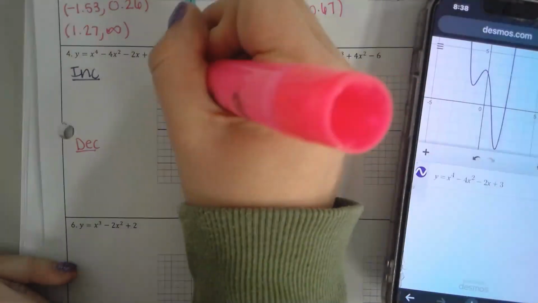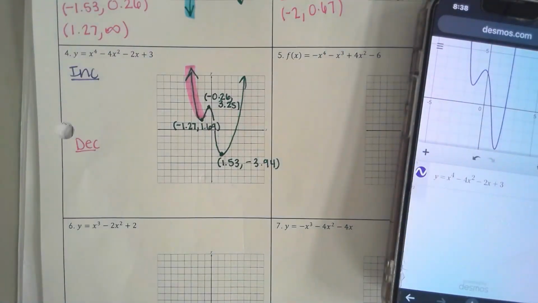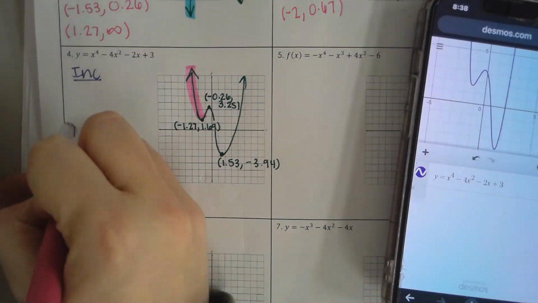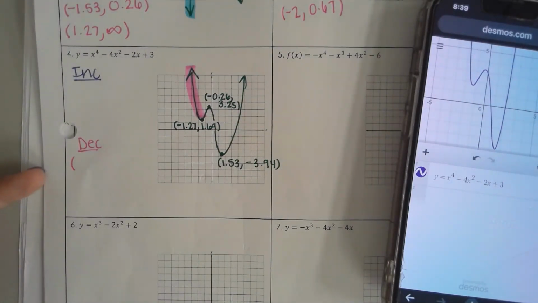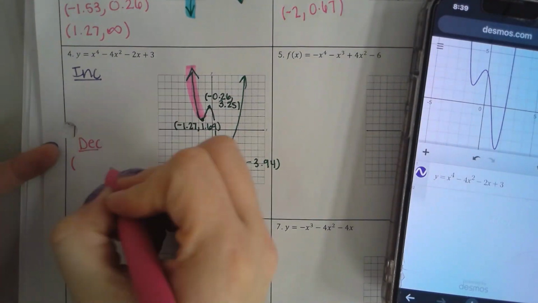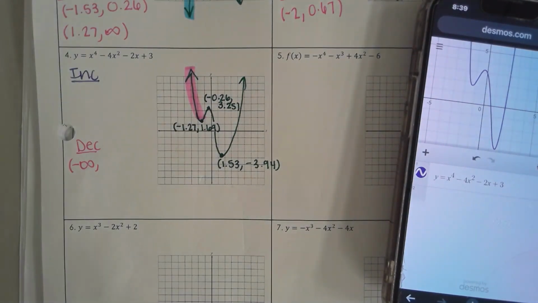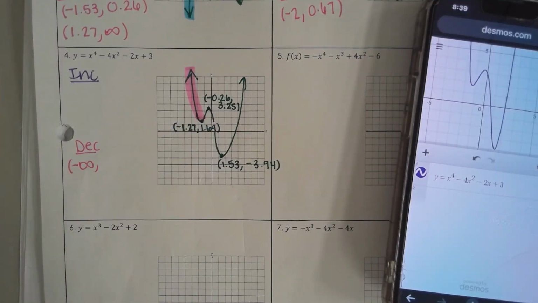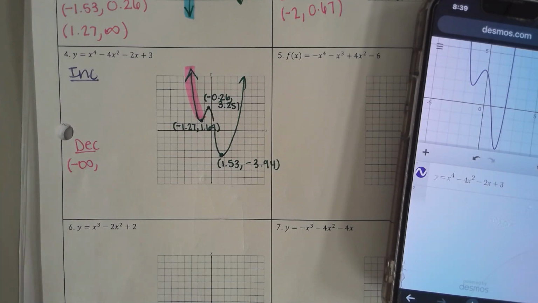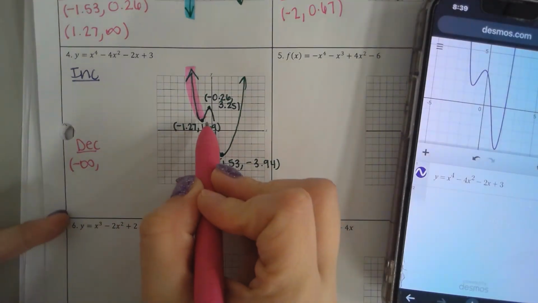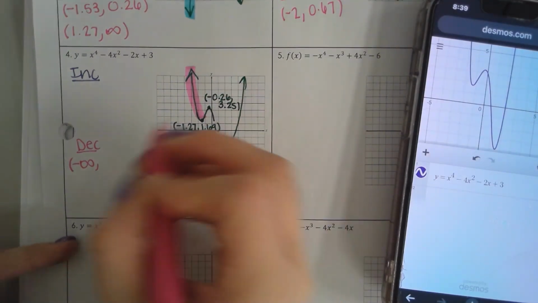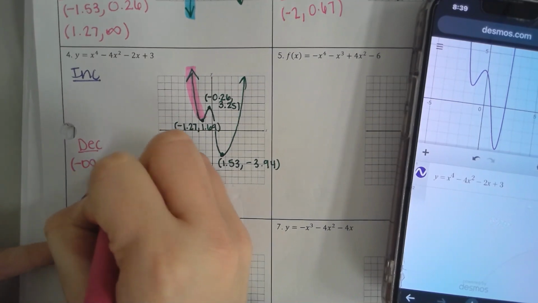Downhill. So decreasing. Where does it start decreasing? Negative infinity. Yes, it's pointing up, but that's not what I'm looking at. I'm looking at the fact that it points to the left. Left is negative infinity. And then it stops at where? Negative 1.27. Very good.